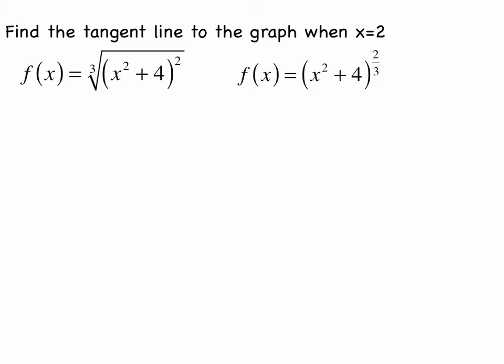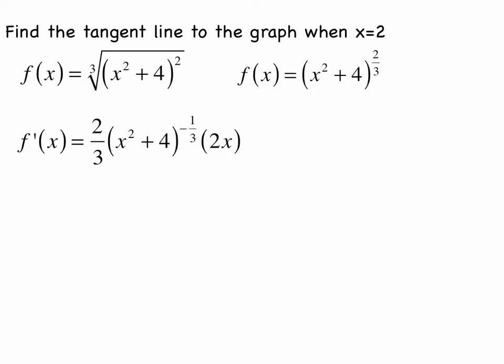The outside function is that something raised to the power of 2/3. The inside function is x squared plus 4. Maybe you should pause the video and try taking the derivative of it. And the derivative is, you bring down the exponent, 2/3. The inside function stays the same first, x squared plus 4 raised to the, and 2/3 minus 1 is negative 1/3.